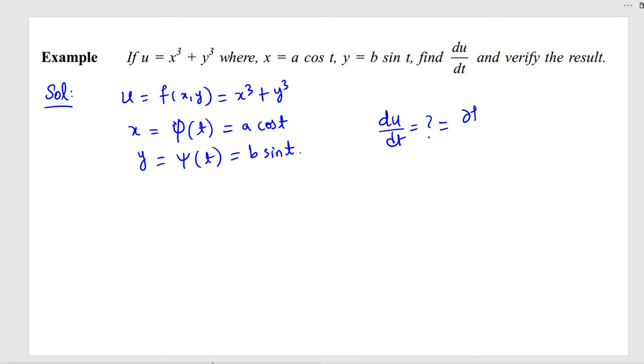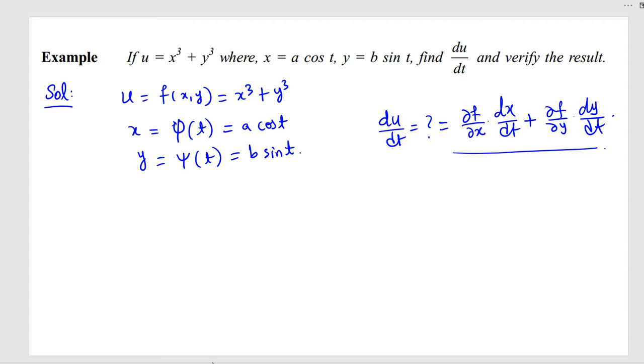We will have del f del x into dx dt plus del f del y, then dy dt. So we want to find this one.